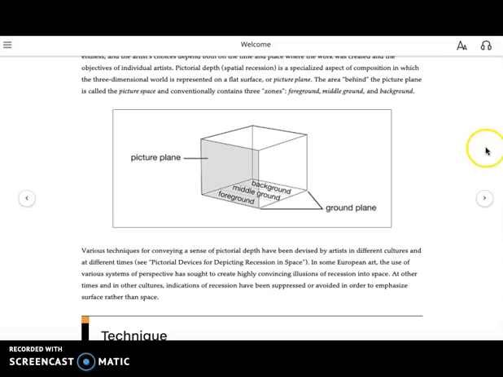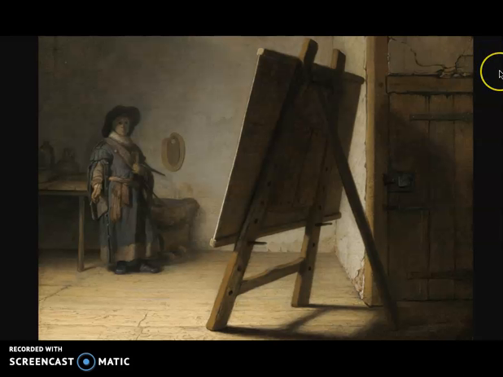And that's surely the case with space, for instance, because people do not naturally know how to talk about pictorial space, which is illusionary space, in which you have a picture plane, a foreground, a middle ground, a background, and a ground plane. Once you have those concepts, you can do a lot more with Rembrandt's wonderful self-portrait.